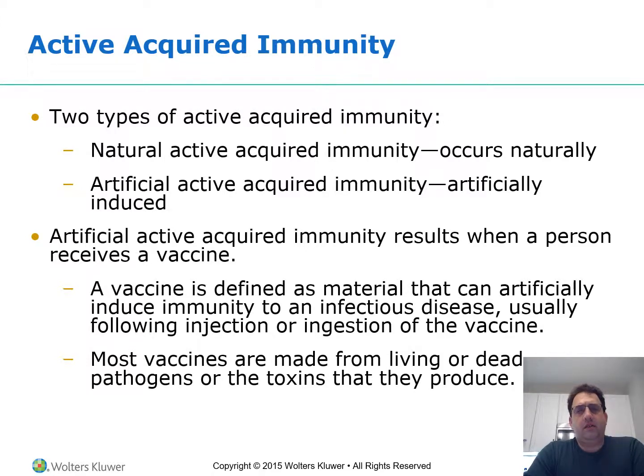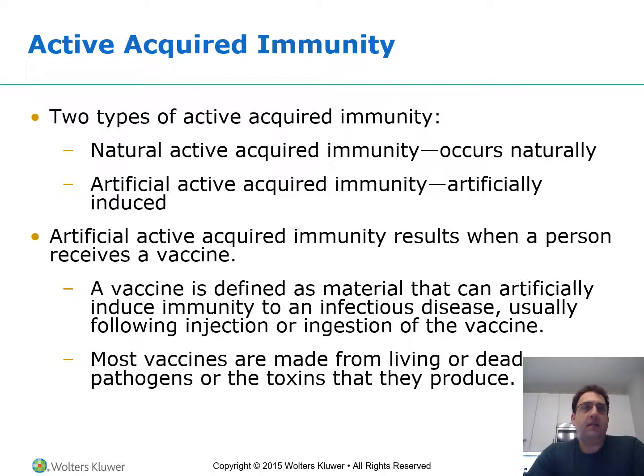So the most common active artificial immunity is a vaccine. Basically, this is a material that will trigger an immune response to an infectious disease, but usually the vaccine does not contain the actual pathogen. It only contains the parts of the pathogen that will start an immune response.